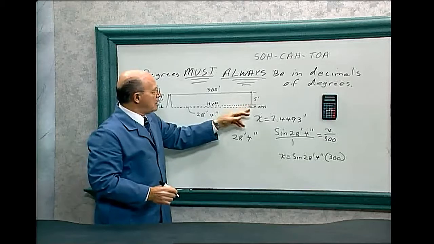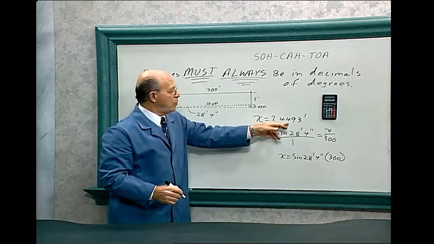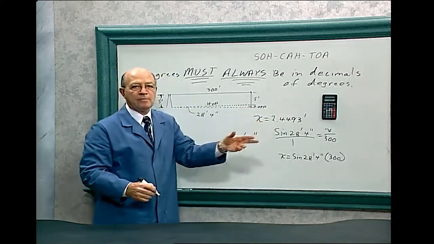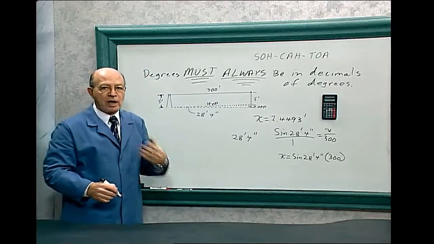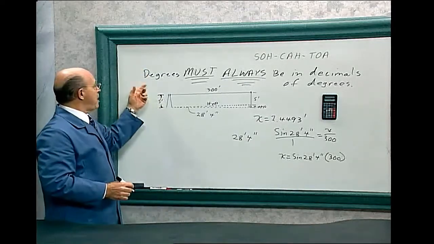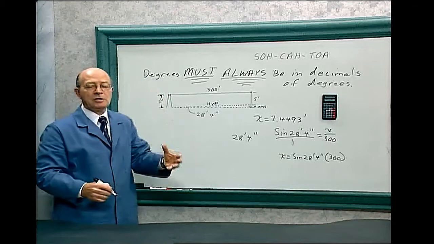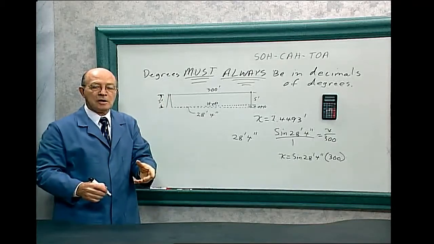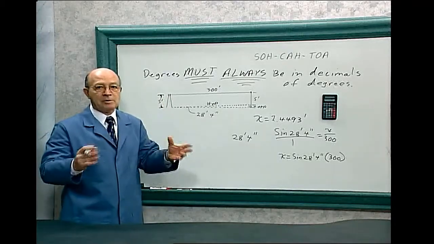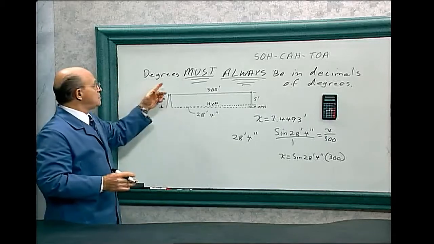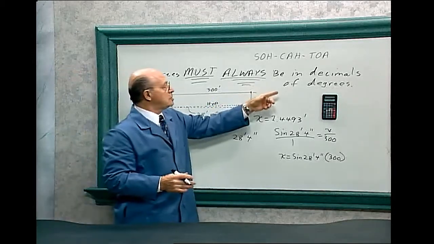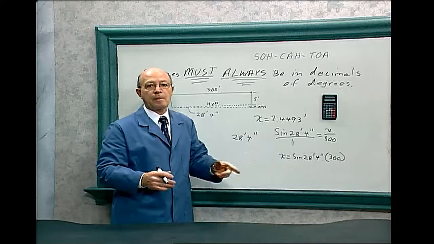This height then is 2.4493 feet. And I want to stress this. Remember, degrees must always be in decimals of degree. If you don't remember that, you're going to make many mistakes.